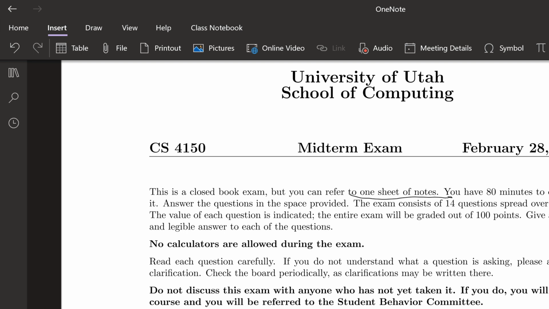Dijkstra's and BFS and DFS. Okay, I'm hearing a lot of algorithms being put out. I'm going to write this up real big. So what class is this? Algorithms. You're going to want to write all of the algorithms, at least all of the names of all of the algorithms.